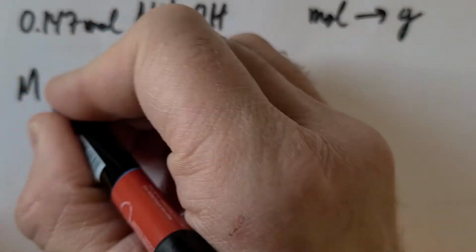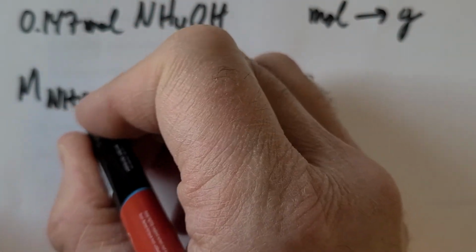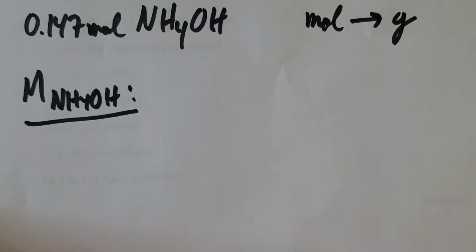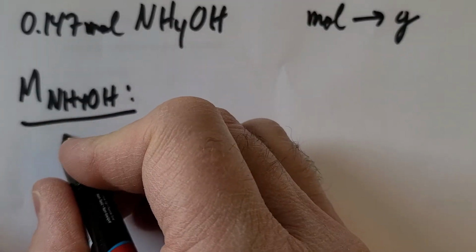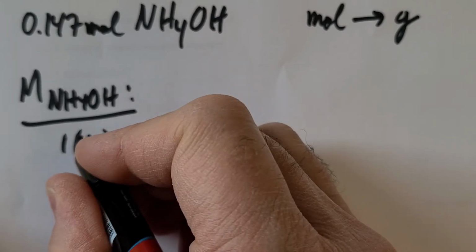So no matter what, we have to figure out the molar mass of NH4OH. So of course we know that 1 mole of this has 1 mole of nitrogen.